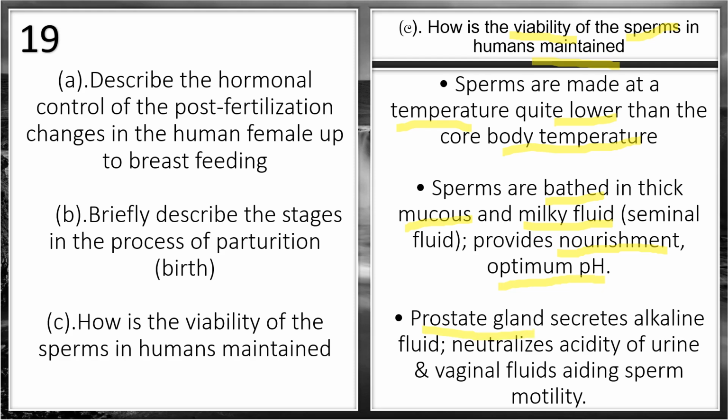The prostate gland secretes an alkaline fluid that neutralizes the acidity of urine and vaginal fluids, aiding sperm mobility.